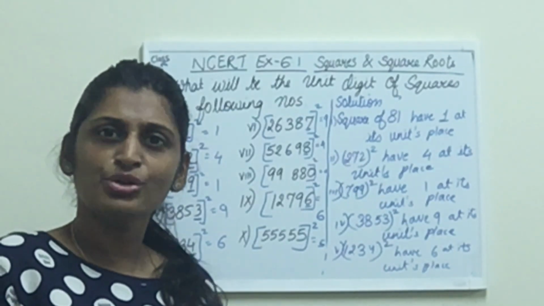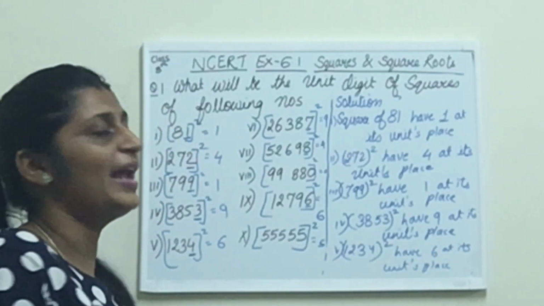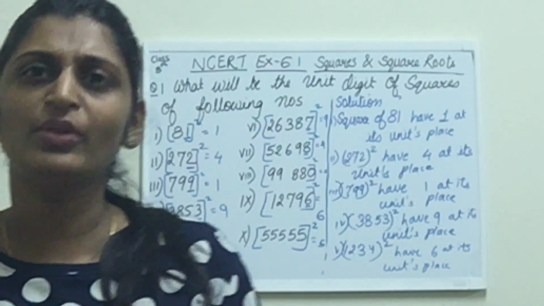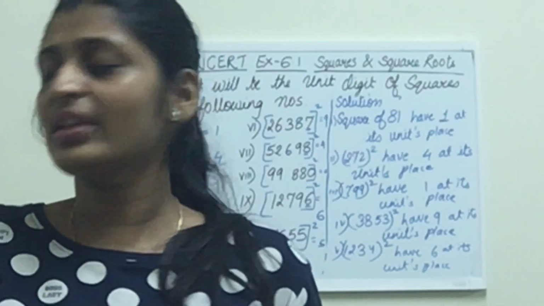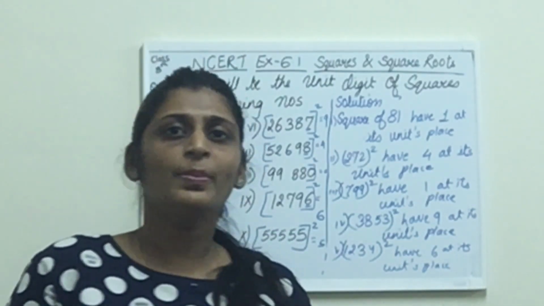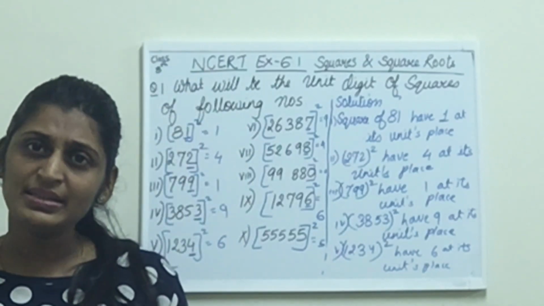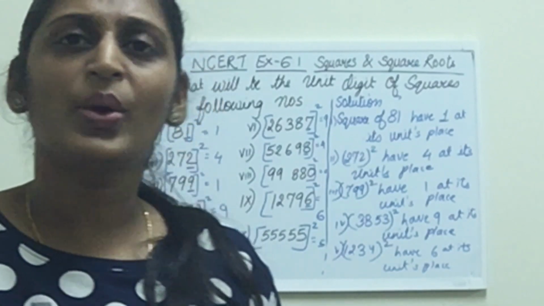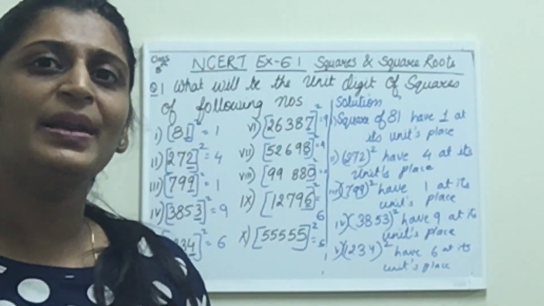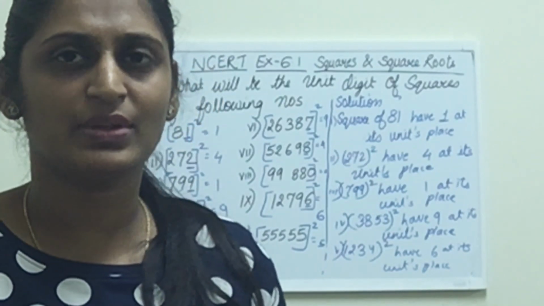So this is the solution to question 1 of NCERT exercise 6.1 squares and square roots. The first 3 questions of the exercise are completely based on properties of square numbers. Therefore, I suggest you, before going through the first 3 questions, please go through our video on properties of square numbers.